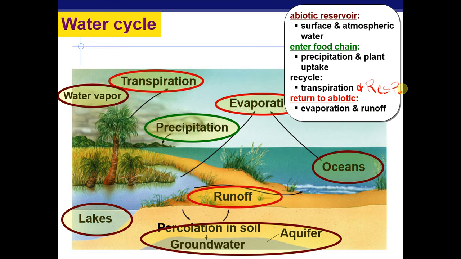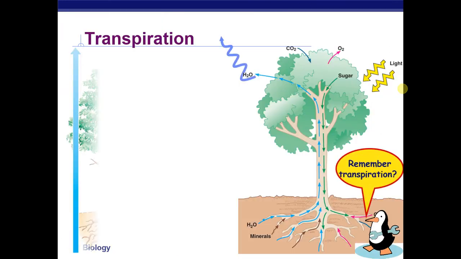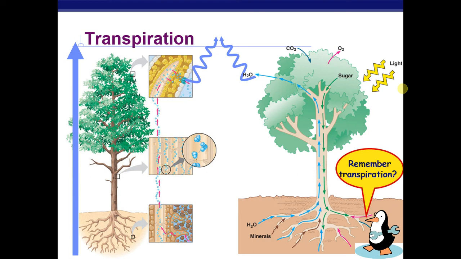And evaporation and runoff really return it to the different abiotic reservoirs. So here's a picture again of transpiration, which just means how water evaporates through plant leaves, through the stomates in plants' leaves, out into the atmosphere.